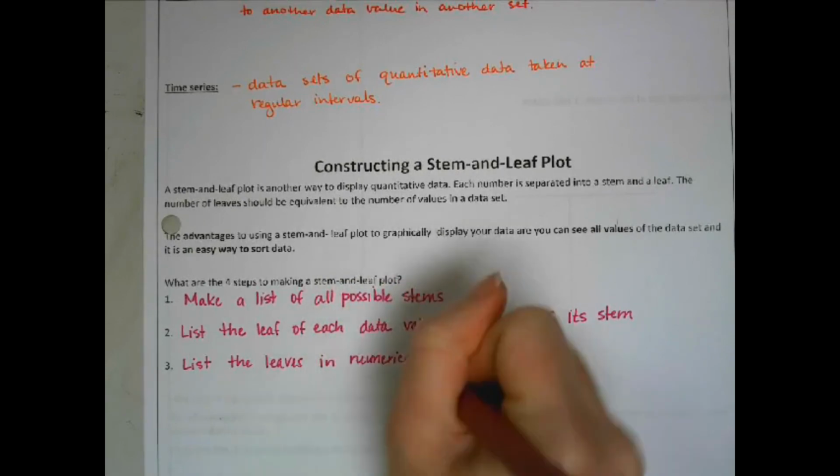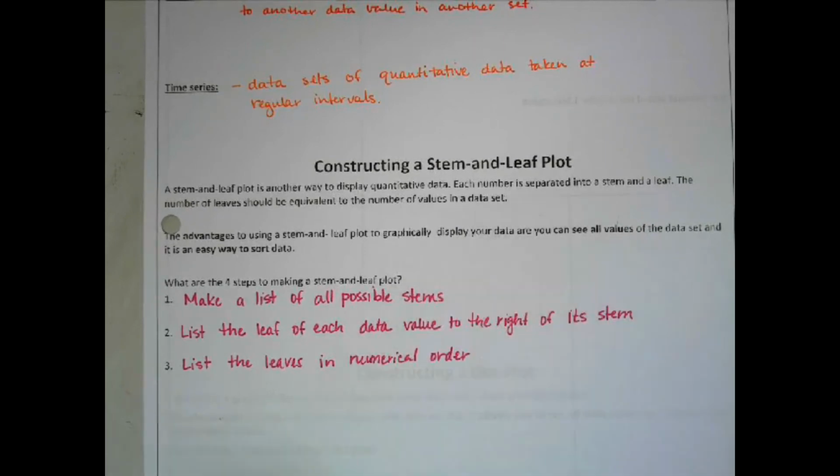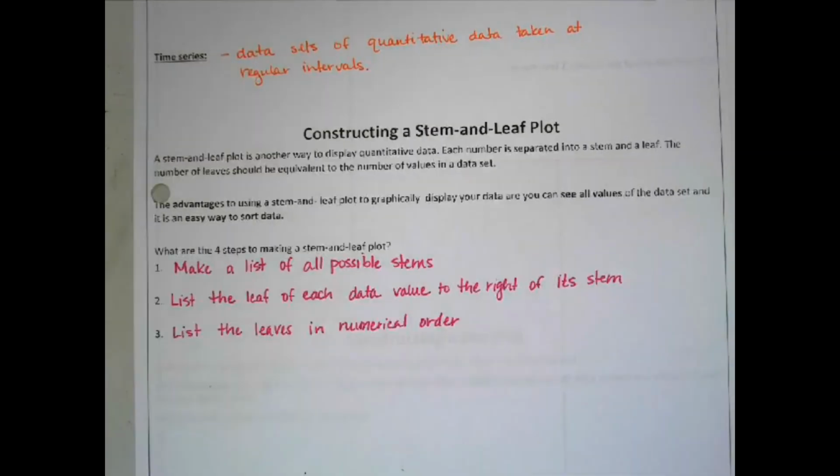You want to make sure that you list the leaves in numerical order, which your data set may not be in. So when you're making your stem and leaf plot, just make sure that you're putting your leaves on in order.